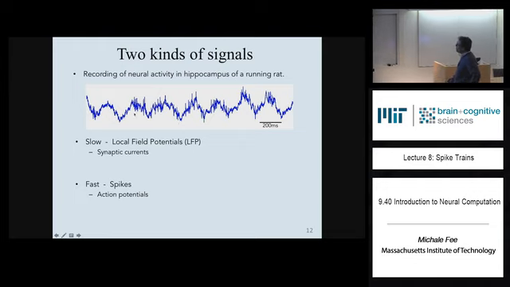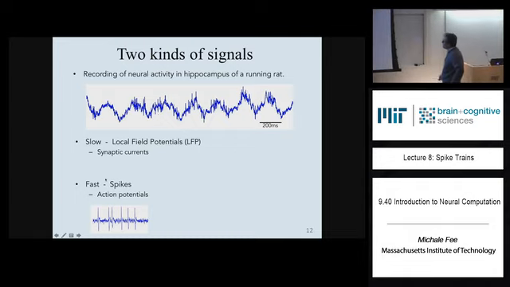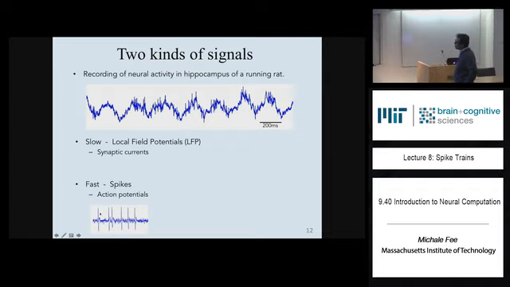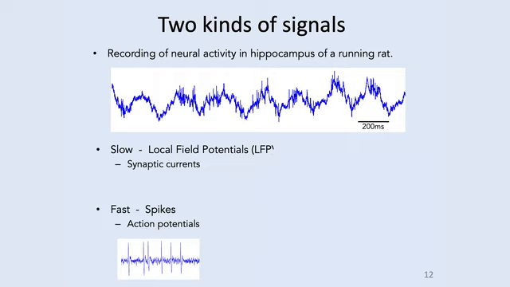And we can see both slow and very fast components of this signal. The action potentials you can see are very brief. They typically last about a millisecond.